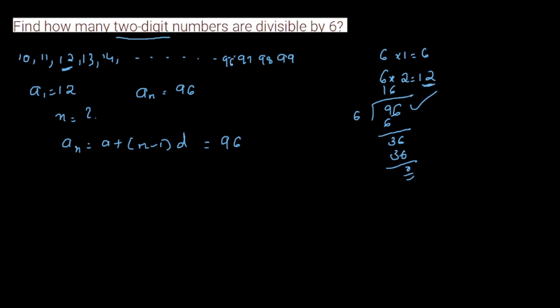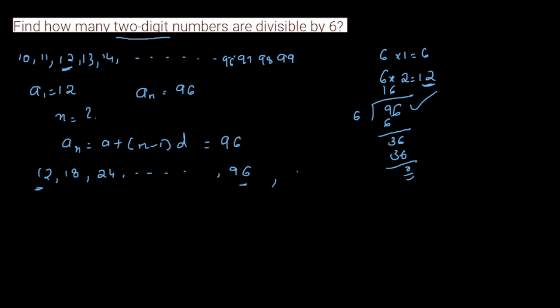Now what is a? That is same as a1, first term. Here first term, that means the series will be like this now. 12, then after 12 plus 6 is 18. Then next one 18 plus 6 is 24, and so on. Last number is 96. Now this is the sequence: 12, 18, 24, etc. 96. Among this, 12 is the first number and 96 is the last number.